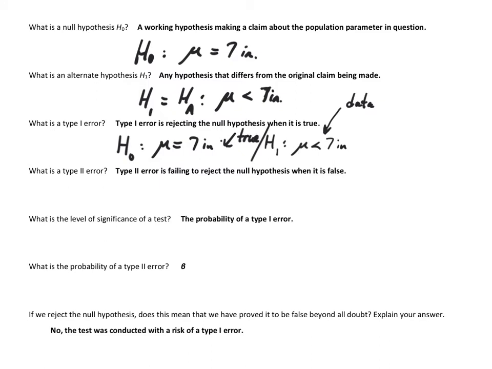A type 2 error is just the opposite. That's when you don't reject the null hypothesis when it's false. So that would be a case of saying all calculators are not 7 inches, but your data says that it is.